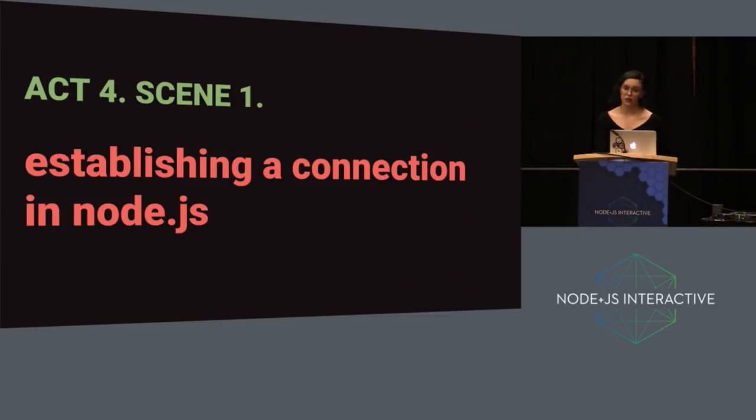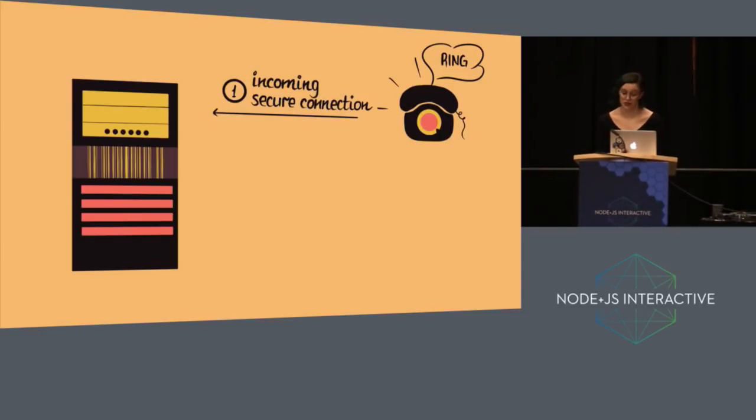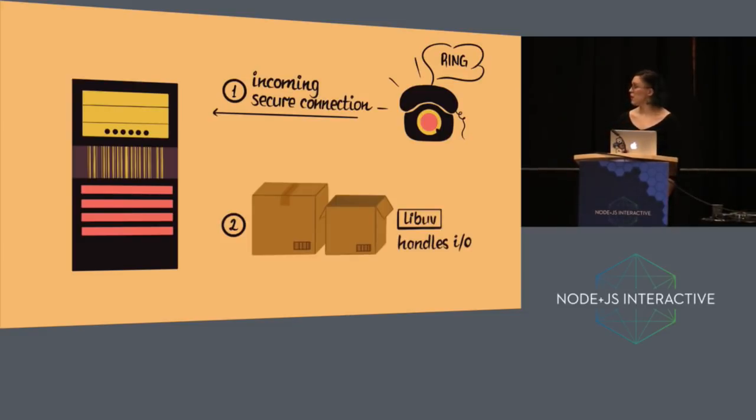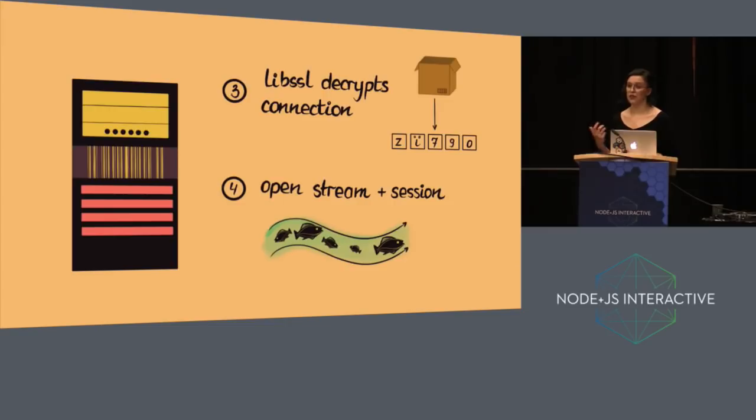So how does this actually work in Node.js? We'll do a brief overview of how it happens in Node. A client makes an incoming secure connection. Your server will handle that. Libuv will handle the I/O process of the connection and parse the information you get from there. You will then decrypt the connection with libSSL, and then you will open a stream in a session given that information.